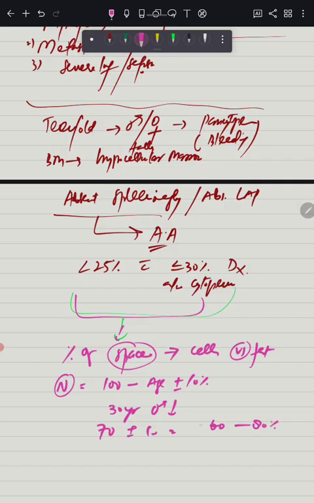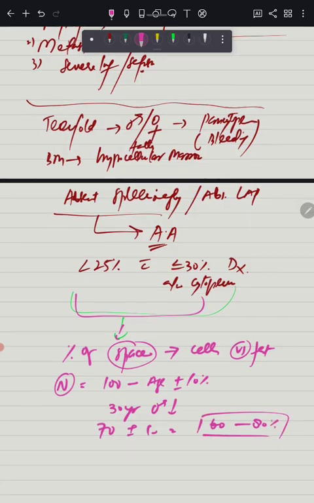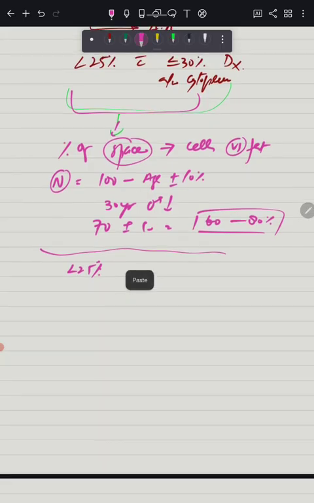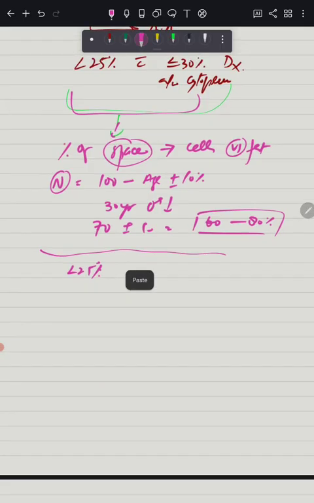So when we say less than 25% cellularity, it means the marrow is mostly replaced by fat, so very few bone marrow cells are present, in less than 25% of this space. So very few active blood forming cells are there.